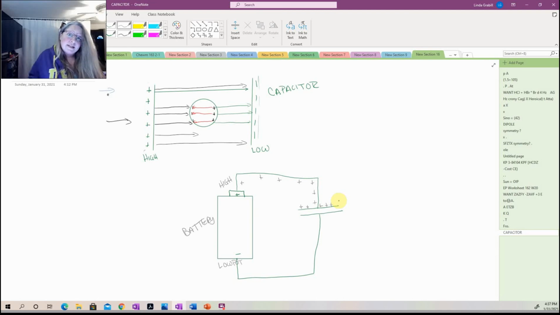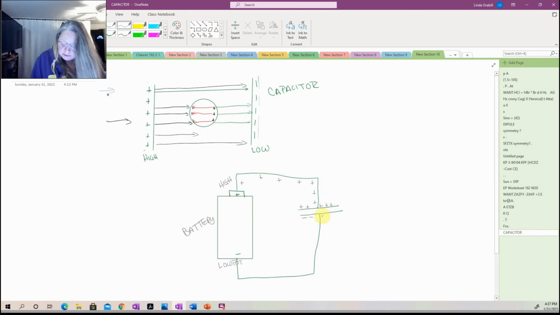In electrostatics, the same thing happens. I can't force more charge to gather on a plate or in an area than that charge has an ability to separate itself out and minimize that repulsion. So for this, I'm going to have a maximum amount of positive charge I can get on the one plate. And what's going to happen on the other?